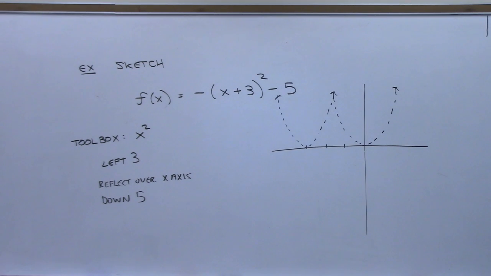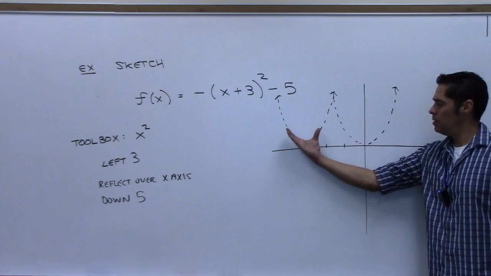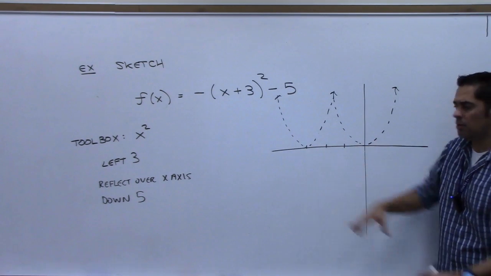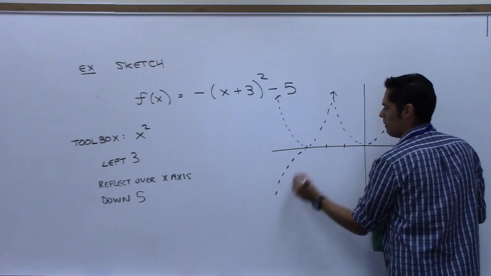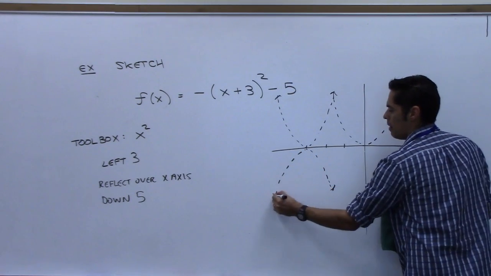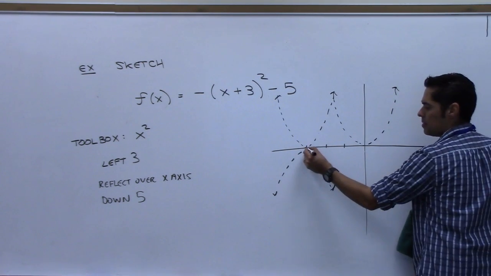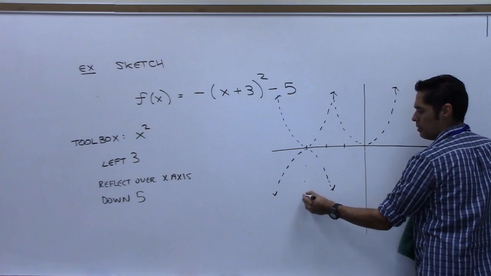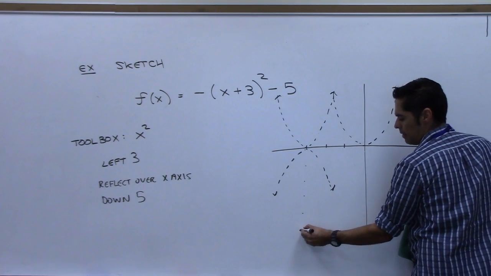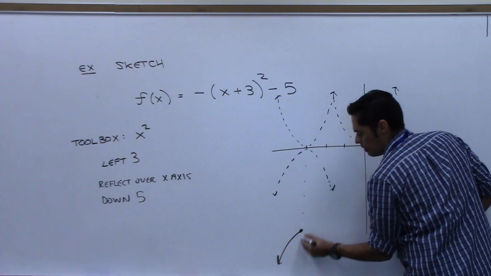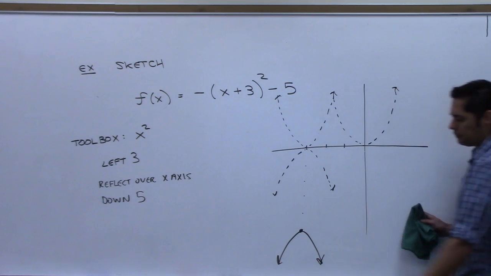I reflect it over the x-axis, which is pivot the whole thing downward. And finally, down 5. So this whole picture comes down 1, 2, 3, 4, 5. Here we go. And it goes down like that.